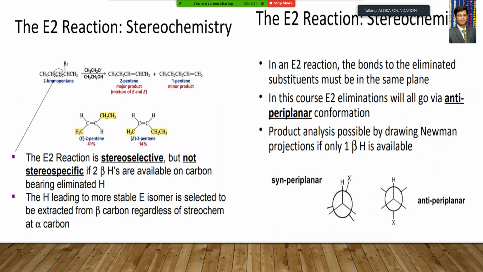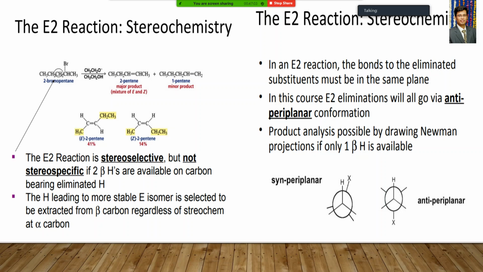So let us see the stereoselectivity. As I said, the stereochemistry of your E2 mechanism. Which will be the more stable product that will be formed? The one which is trans. So in case of the E2 mechanism, the product formed will be of a trans configuration. It will remove the proton in such a way that you get a trans isomer, that is the E isomer, which is more favored over the Z isomer.